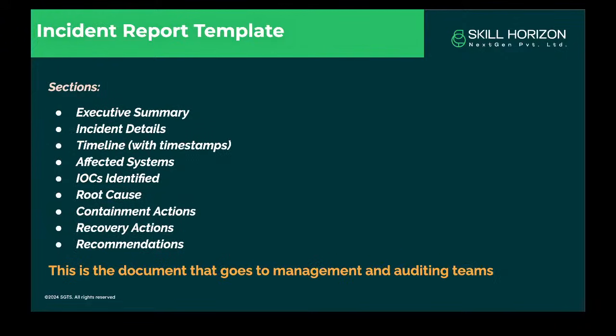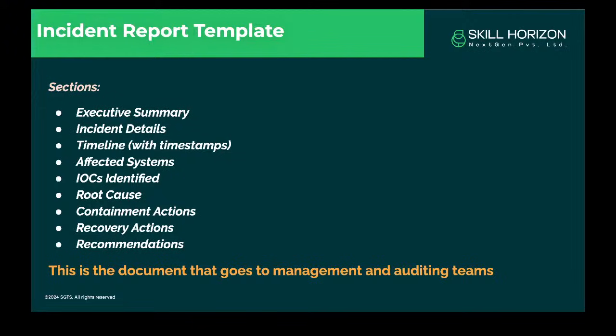Now moving on to the incident report template, right? What is actually an incident report? When an alert becomes an incident, like the previous one, we prepare an incident report. And in an incident report you can also use a standard structure template.